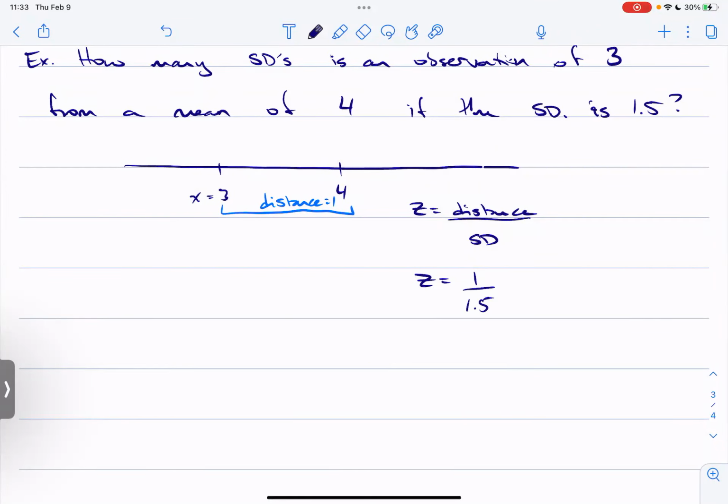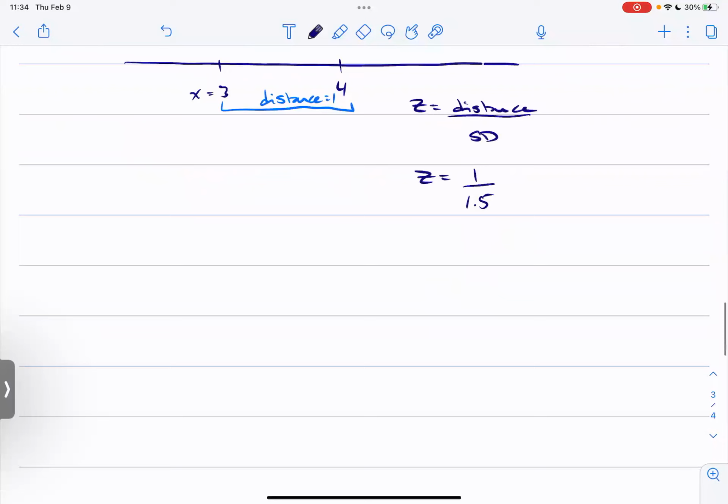1 over 1.5, who knows? Math, am I right? I'm trying to do the fractions. 2 over 3. I trust you guys, but I was already on a roll. 2 over 3, okay. So Z is 2 over 3 or 0.66 repeating.